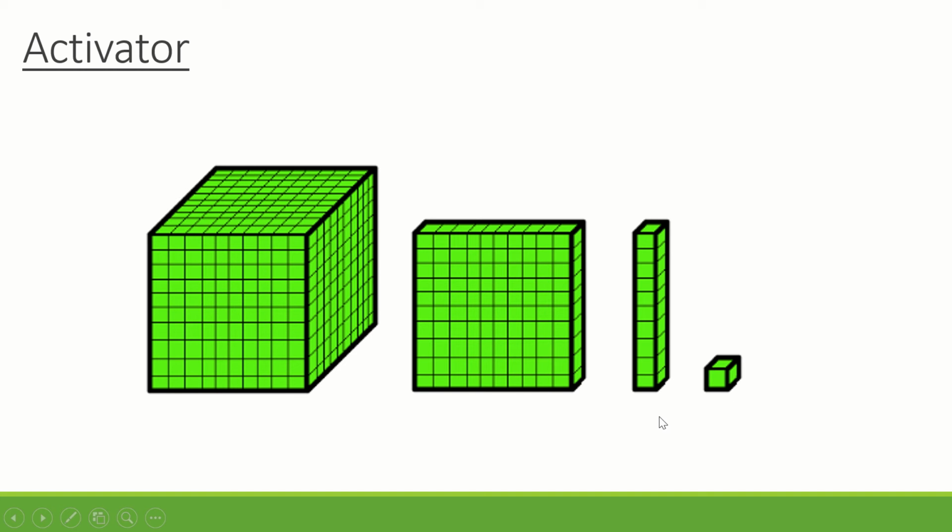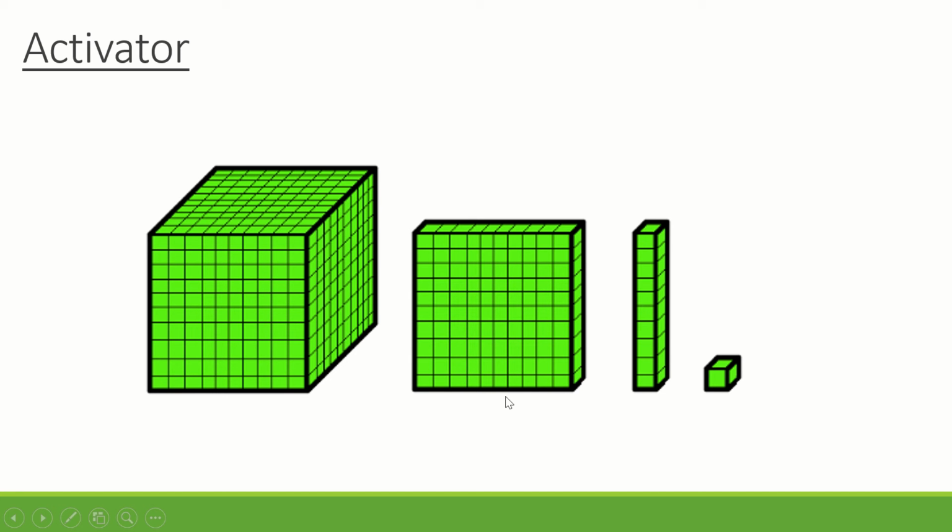I know that the value of a rod can be represented by the whole number 10, and that is in part because it takes 10 of those single units to make a rod itself.